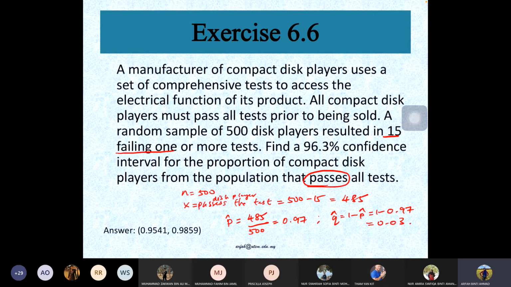So then only calculate the confidence interval menggunakan formula P hat plus minus Z alpha over 2 S P hat.